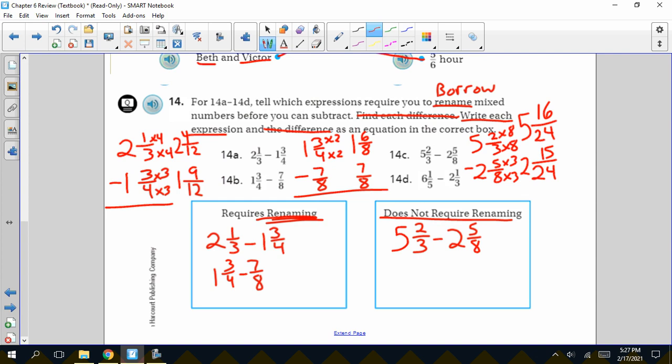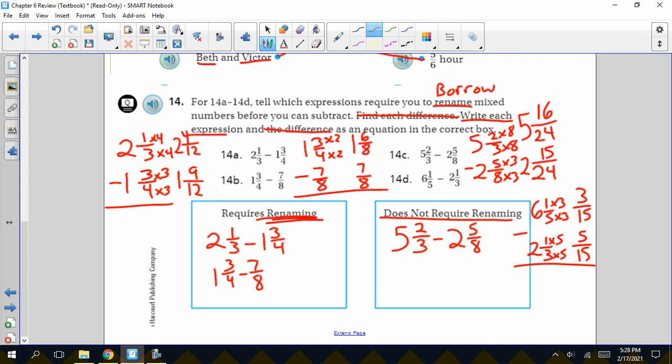And then the last one, 6 1/5 minus 2 1/3. Setting that one up, again, find your common denominator. This one is 15. 5 times 3, so I do 1 times 3, 3 times 5, 1 times 5.